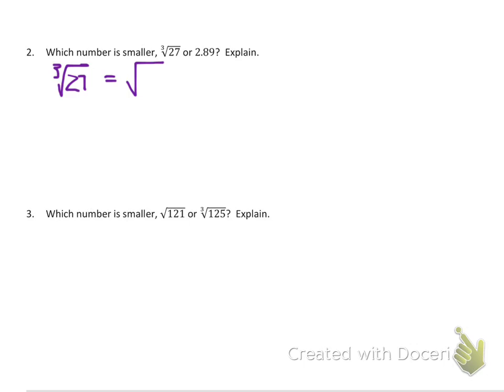I know that 3 times 3 times 3 is 27, so the cube root of 3 cubed is 3. Now I'm able to compare these numbers pretty easily. Since the cube root of 27 is 3, I know that 2.89 is less than the cube root of 27, and so I could write it that way.